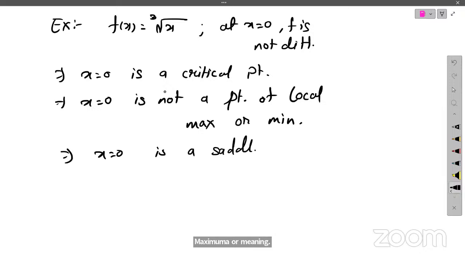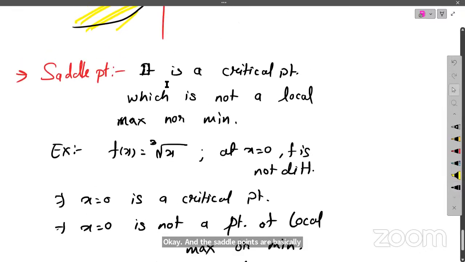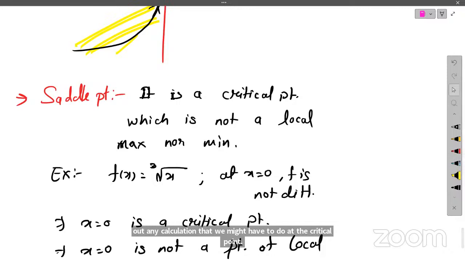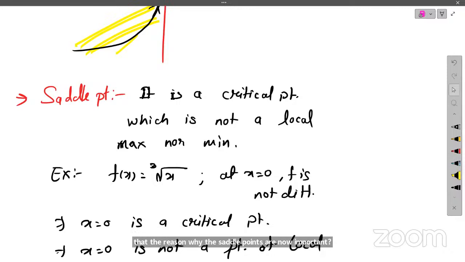And the saddle points are basically used to filter out any calculation that we might have to do at the critical point. Is that the reason why saddle points are important? Because you said that a critical point can take the max or the min value of a function, but do we actually need to calculate the values at this point? Saddle points won't hold any significance, right?